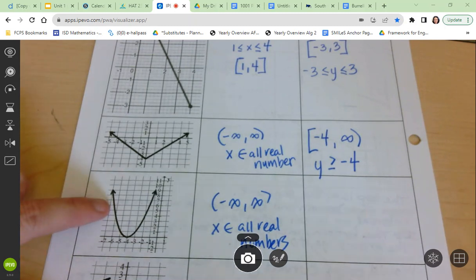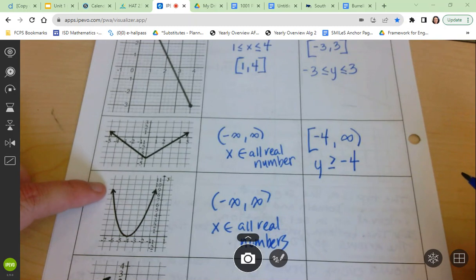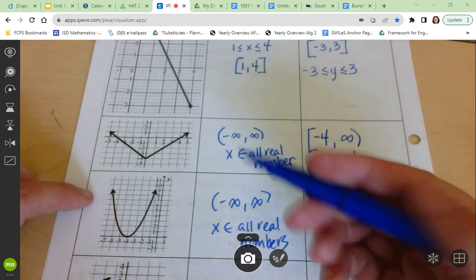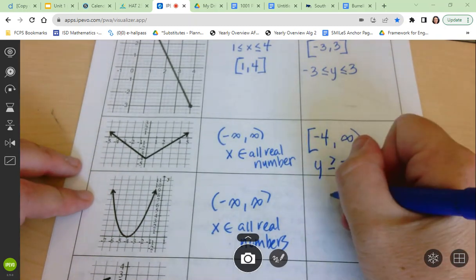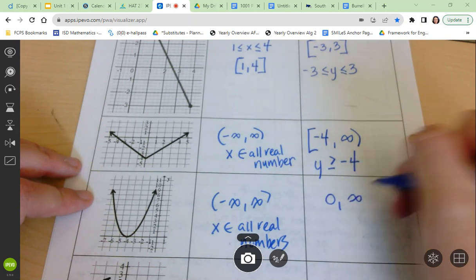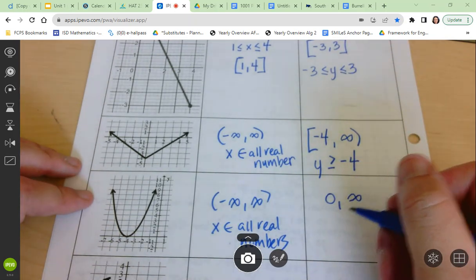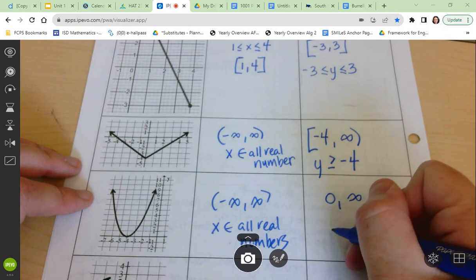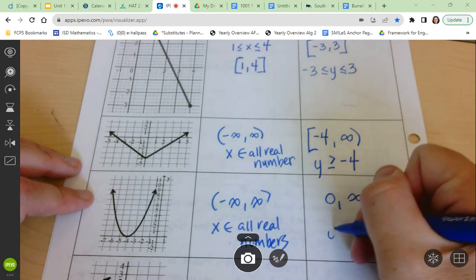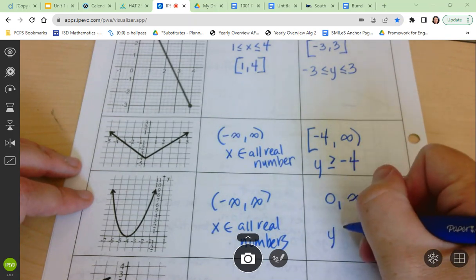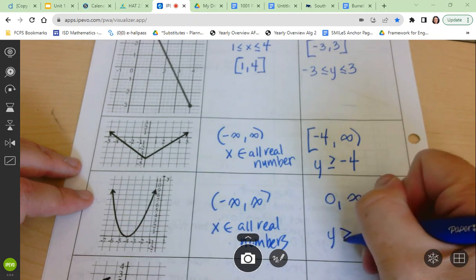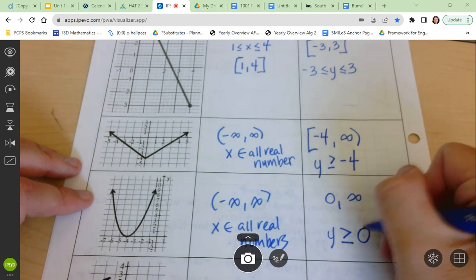Jasmine, did you get this one, the range? What'd you get? And what's the other part? And then I got y equals, wait, y is greater than or equal to 0. Good.